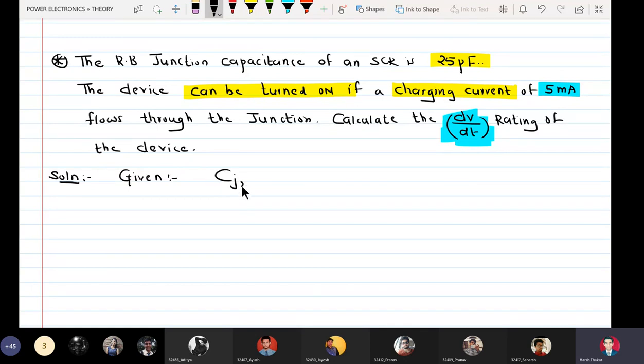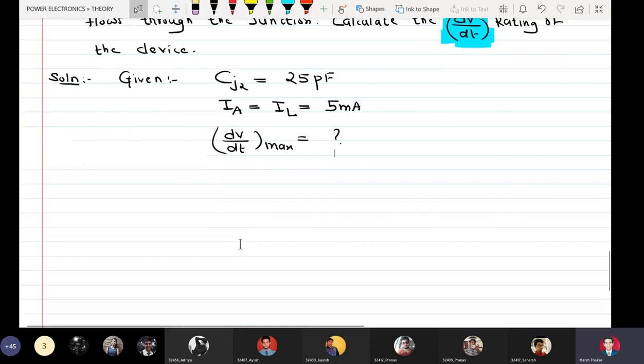Given CJ2 is equal to 25 picofarad and the device can be turned on if the charging current of 5 milliamperes flows through it. So we can say that IA, the device current, which is also equal to latching current here, is equal to 5 milliamperes, and what is not known is dV by dt rating, that is dV by dt max, is equal to unknown.